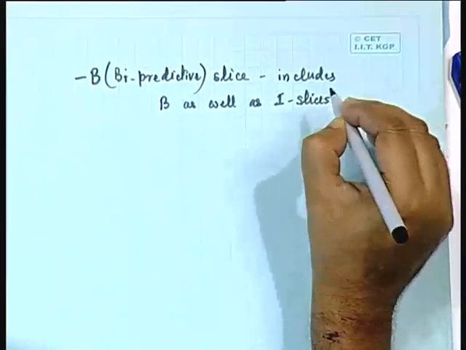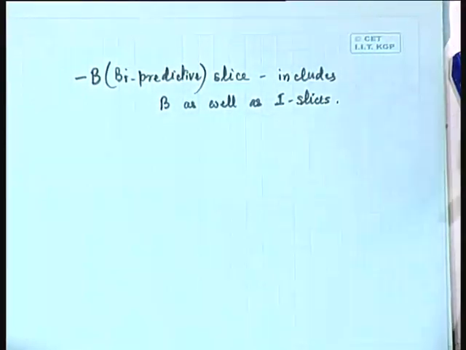In fact, as I was mentioning, H.264 has a provision for multiple frame reference. Now, a B slice obviously requires two different references, one is the past reference and the other is the so-called future reference.